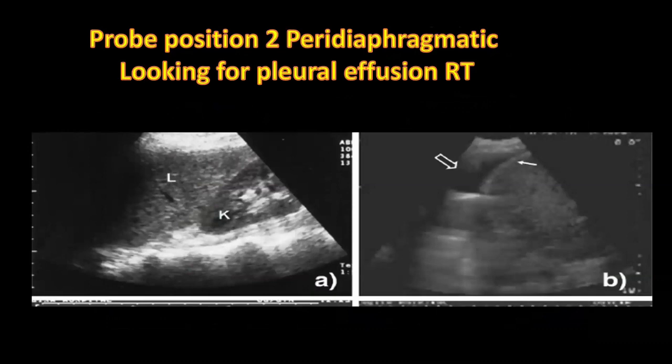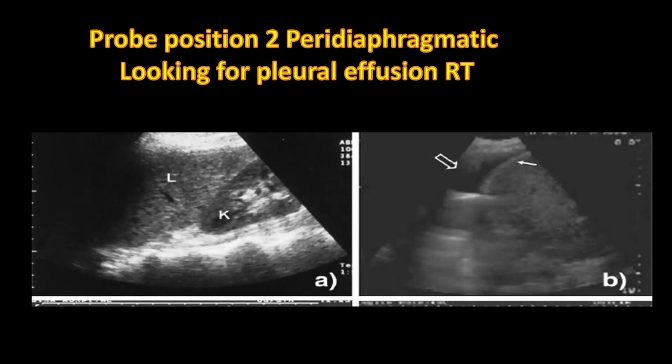Okay, and then when we move to position 2, peridiaphragmatic, we're going to look for pleural effusions. We're going to ask the patient to move their arms behind their head, and we're going to look at the right mid-axillary line, using the probe in the longitudinal axis.